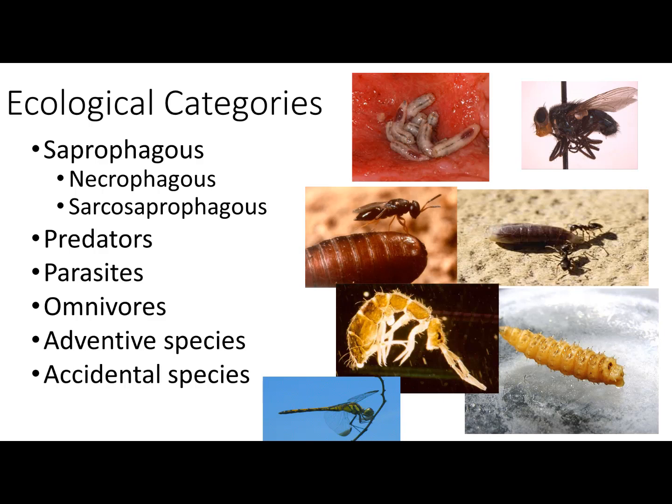All right. Now, finally, accidental species. These are organisms that are not attracted to the carrion in any way, but end up there somehow. Sometimes they are seeking moisture, and there happens to be fluid around the body.